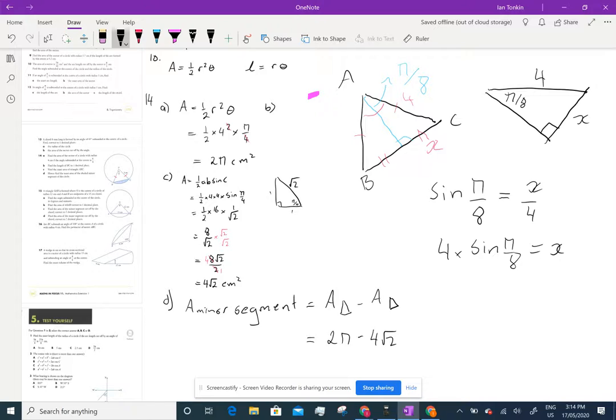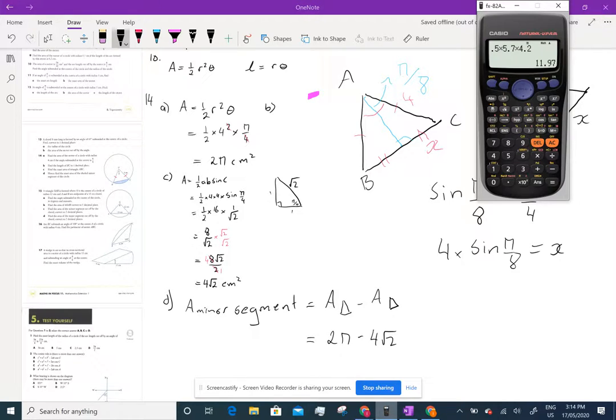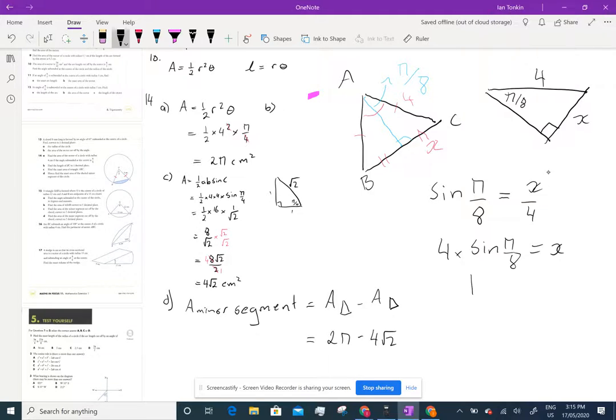And the trouble is though, and I want to do this all, okay. So 4, where's my calculator? So I have to put my calculator in radians. Is it in radians? Let's just double check. And 4, put it in radians. Okay. So 4 times sine pi divided by 8. 1.53... equals x.